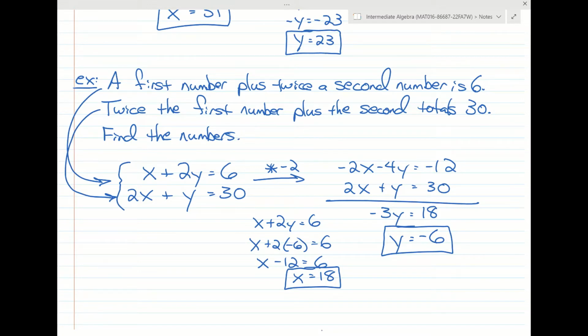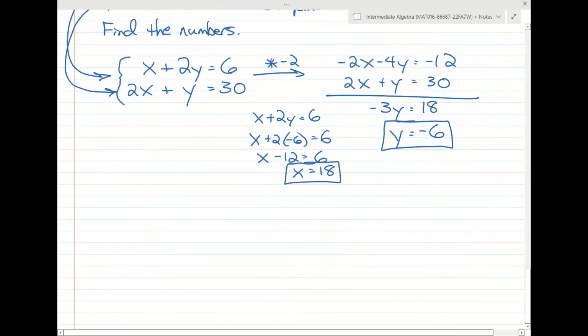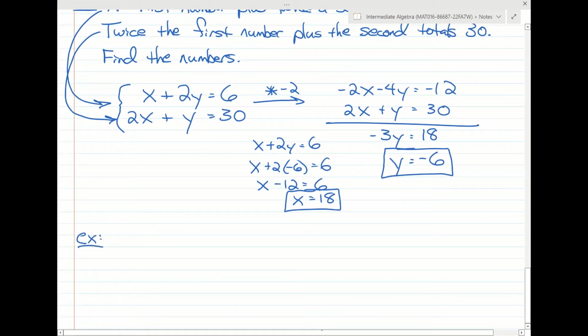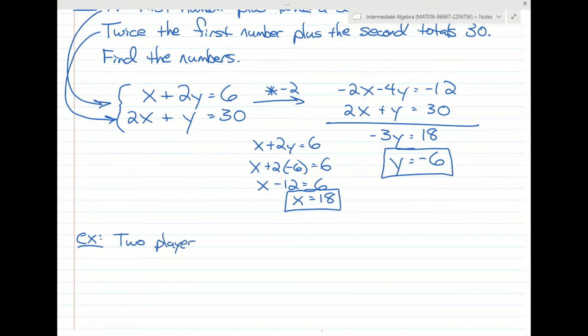A lot of these problems have a similar structure, just with different scenarios. So let's take a look at a baseball one. Two players batted 250 runs.